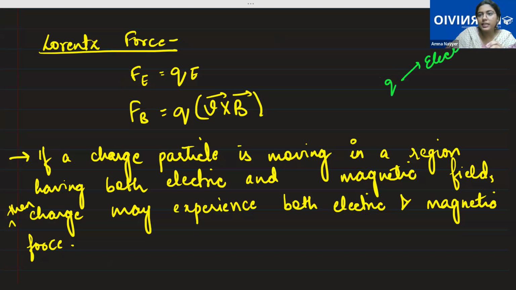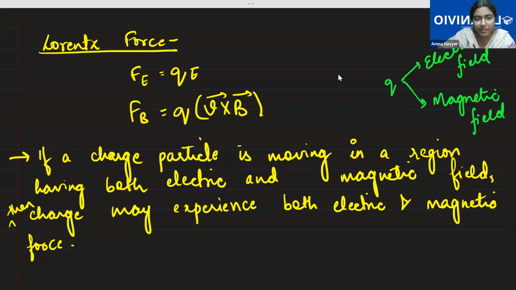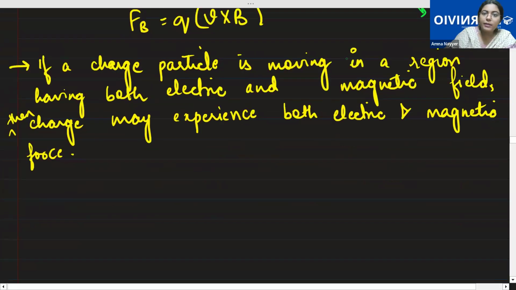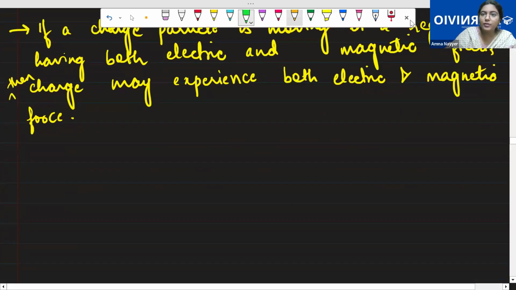You have the electric field and the magnetic field. The electric field and magnetic field both exist in this case. So what will eventually be the net force acting?